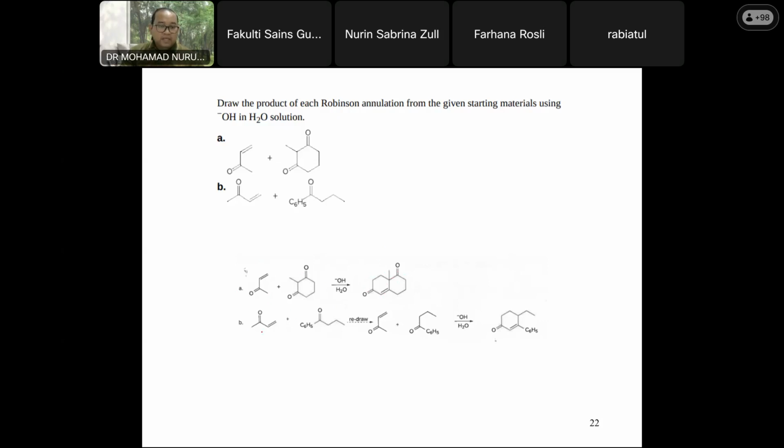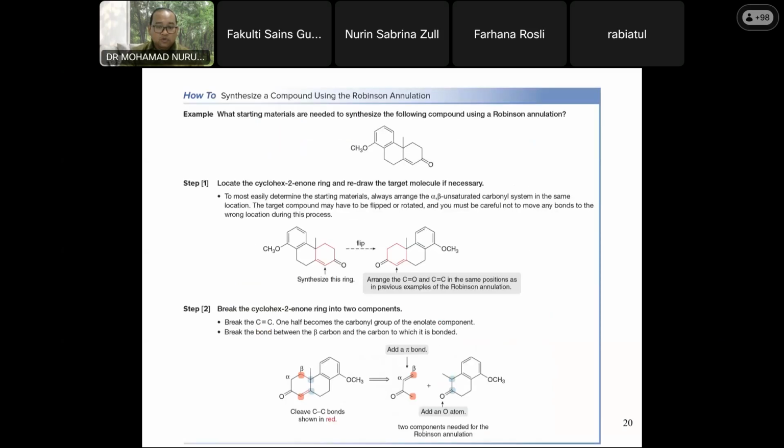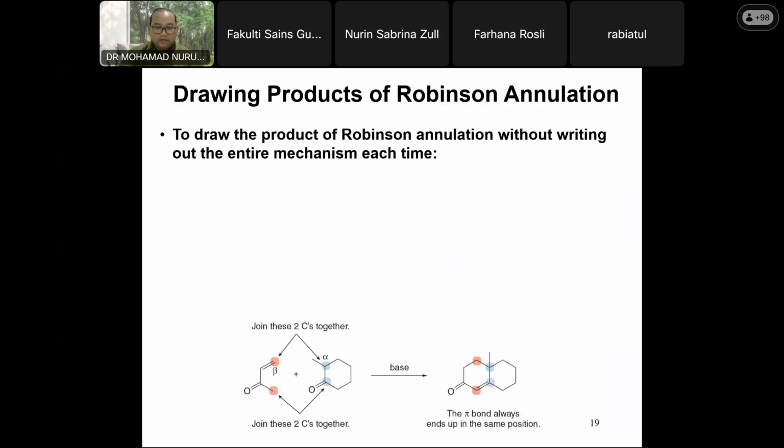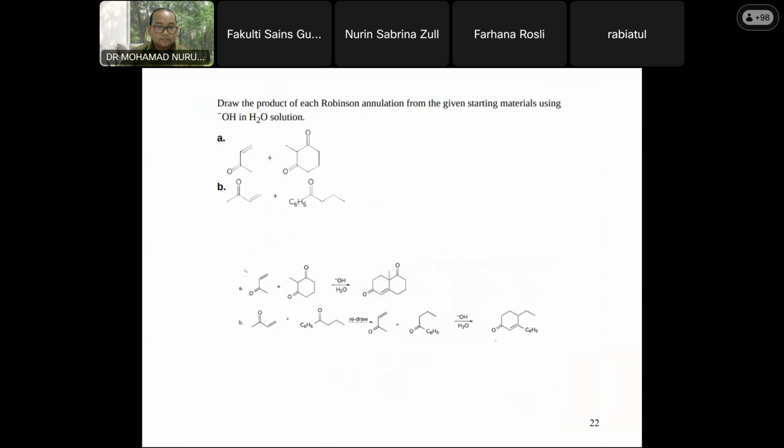And for the B, the question asks you like this, and after that you have to redraw to perform the structure like this. If you see the lecture notes given to you, you should have these arrangements to make sure you understand the Robinson annulation reactions. And after that, you can get the products.